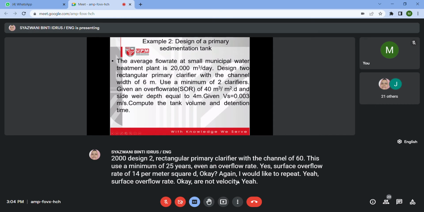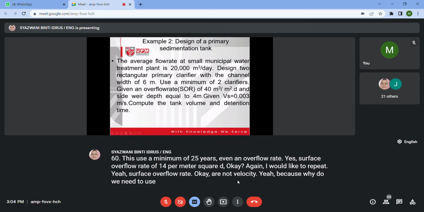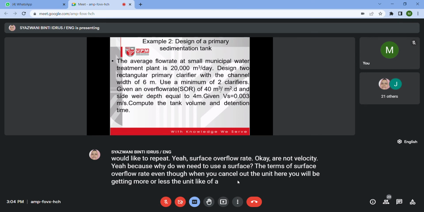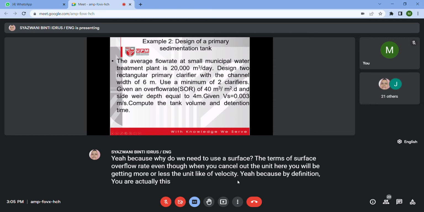Why do we use the term surface overflow rate? Even though when you cancel out the units you get more or less the unit of velocity, by definition these parameters represent the flow of the water per area of the tank.